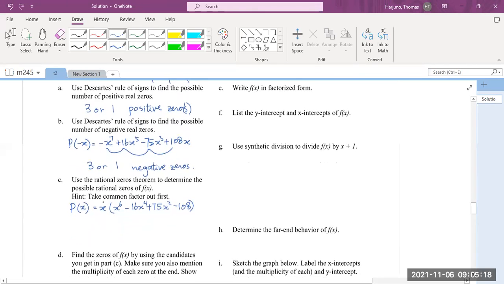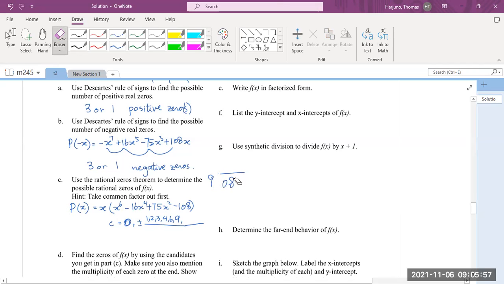So according to the rational zero theorem, the possible rational zeros are, actually 0 is one of them for sure, right? 0, plus minus the factors of 108: 1, 2, 3, 4, 6. Uh-oh, that's a lot, huh? Is 8? No, 8 is not. 7 is not. 9 is. So divide by 9. 108 divided by 9 is 12.